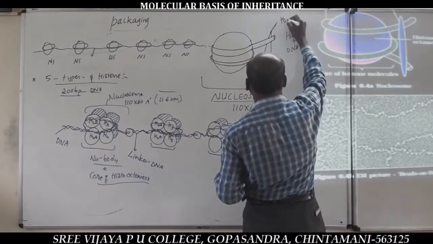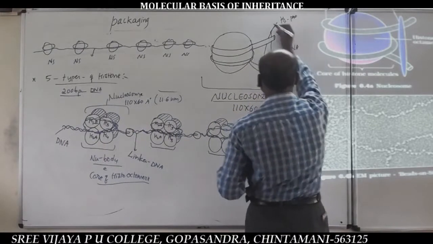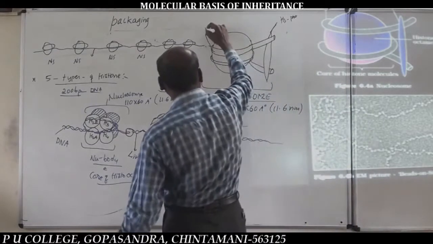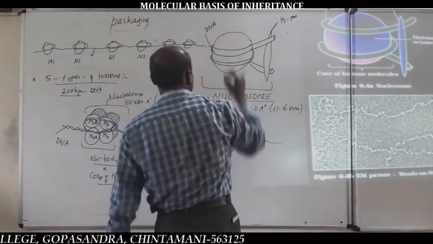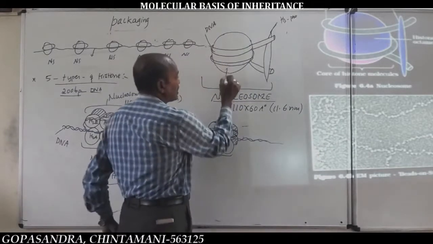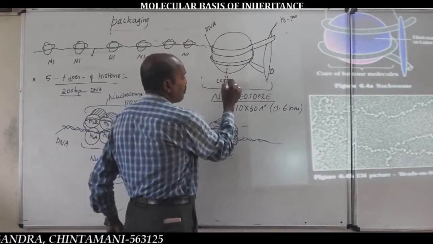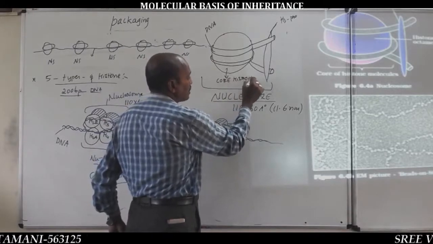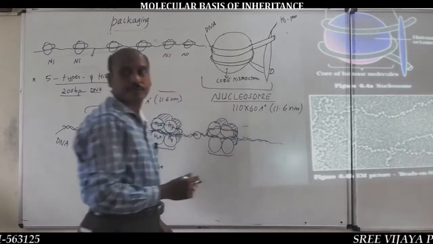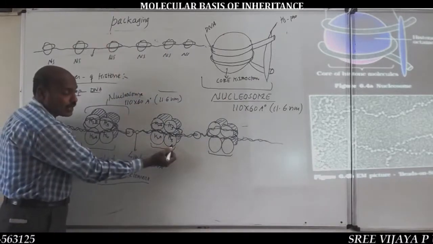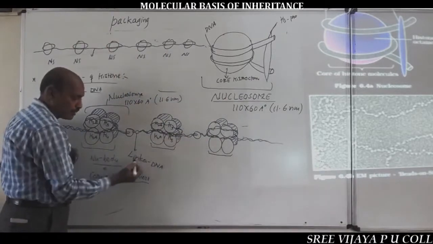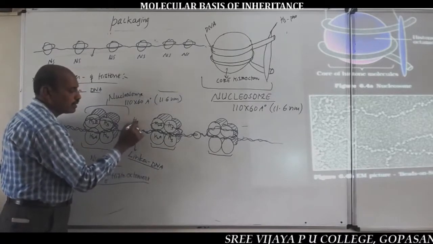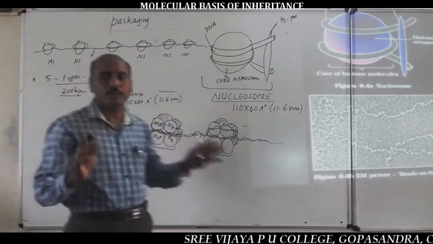So this is H1 protein, and this is the double-stranded DNA, and this is the core of the histone octamer, interlinked to the adjacent nucleosome by the help of linker DNA associated with the H1 histone protein.